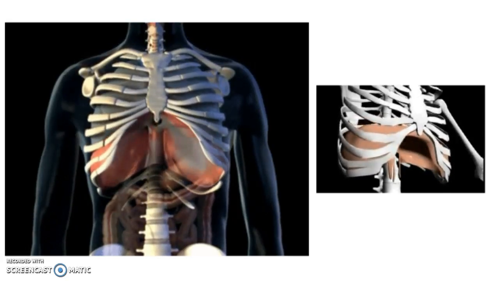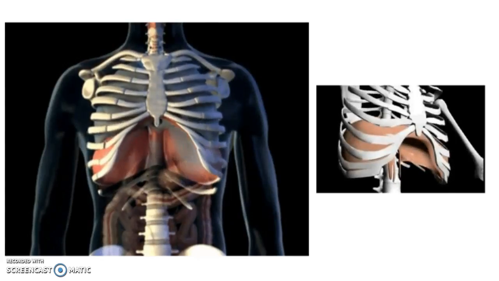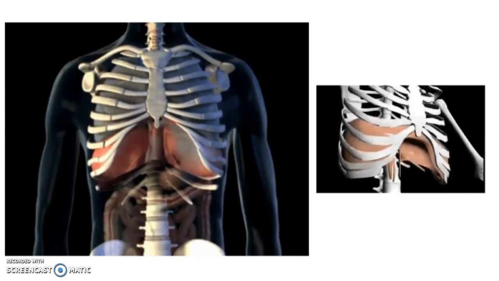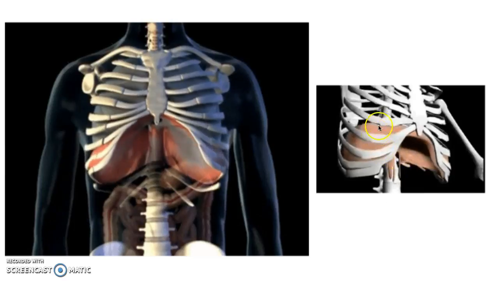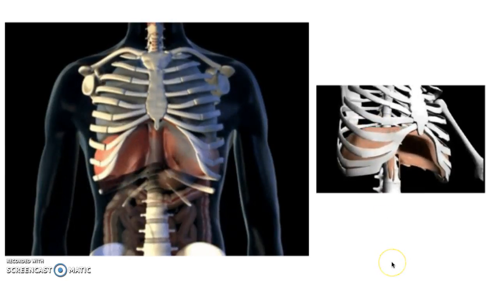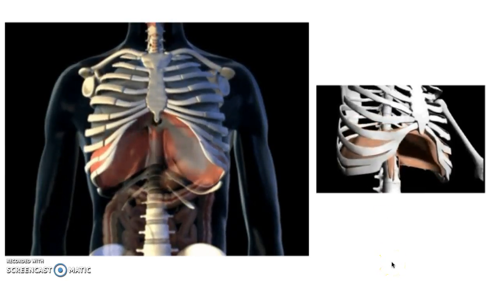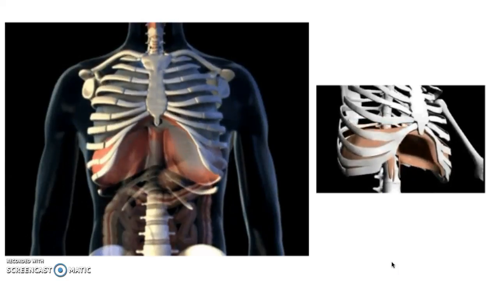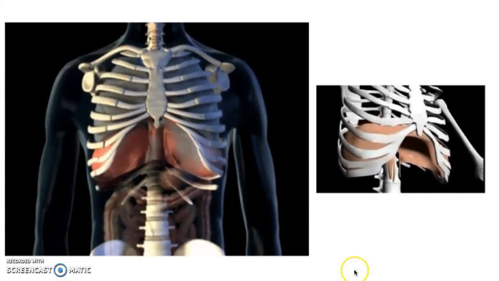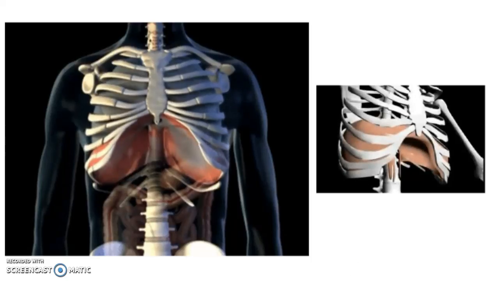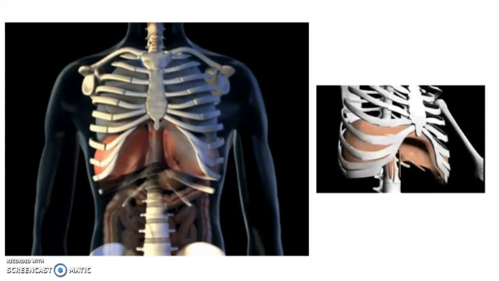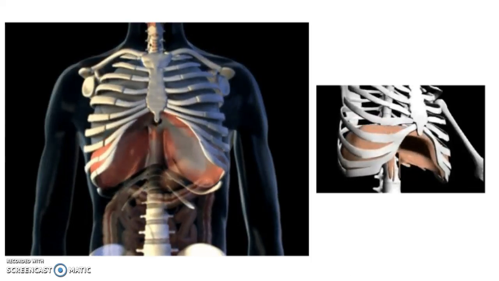The internal intercostal muscles will contract, and the diaphragm will ascend. This will lead to an effector response of exhalation. Also, external intercostal muscles will relax, so it's going to descend.